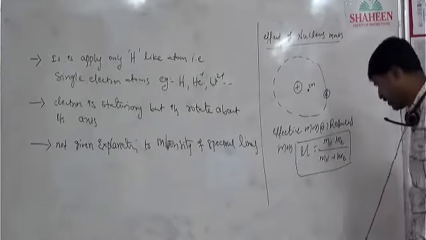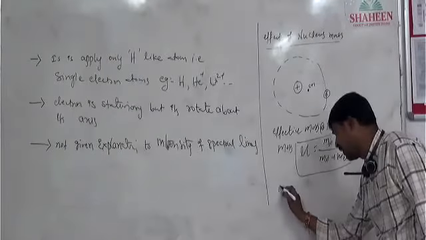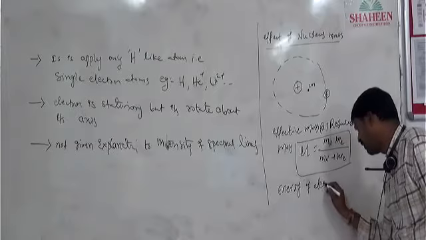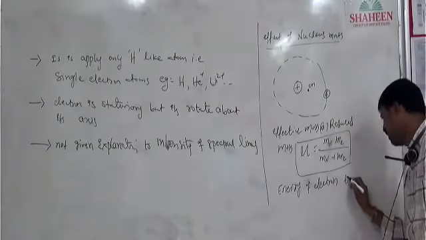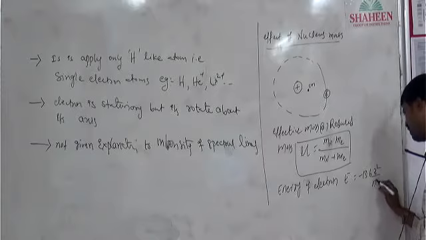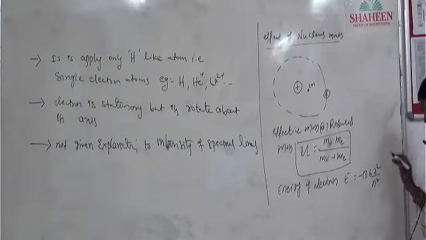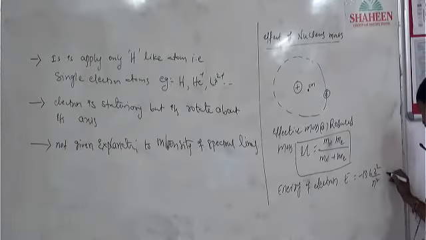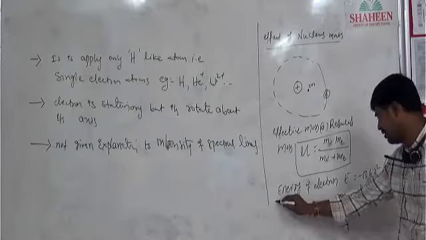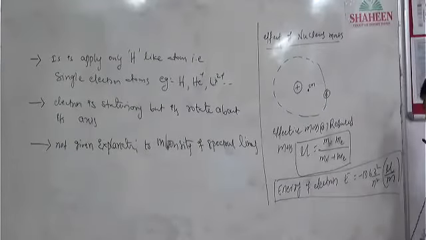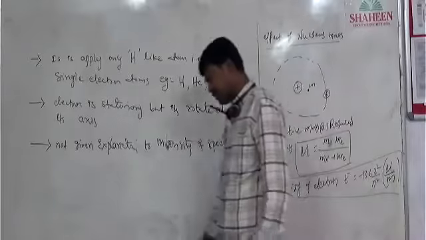And with the help of this reduced mass, the energy of the electron we can write directly. Energy of electron E we can write generally as minus 13.6 Z square by N square. But because of the effect of the mass of the nucleus, due to the reduced mass, mu by M will come, where M is the mass of electron and mu is the reduced mass.